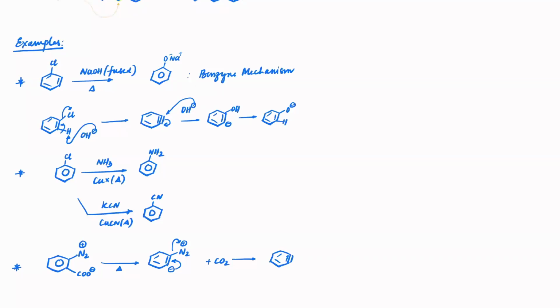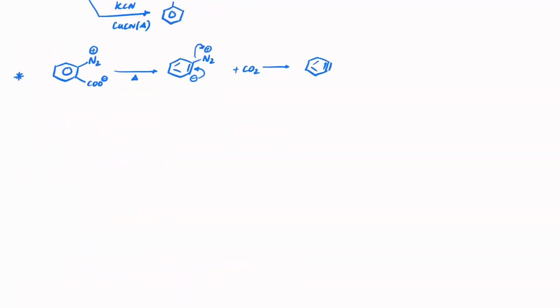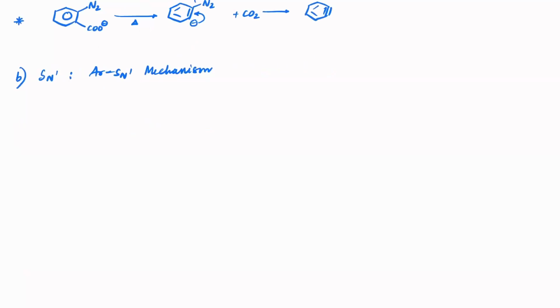Now, let's see the B part of the reaction, which is the SN1 type, or in short, it is written as ArSN1 mechanism. Let's see when this will happen. ArSN1 means we expect a carbocation to be formed.